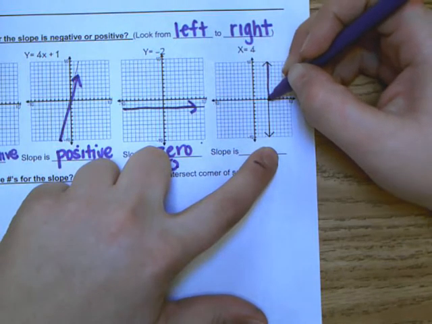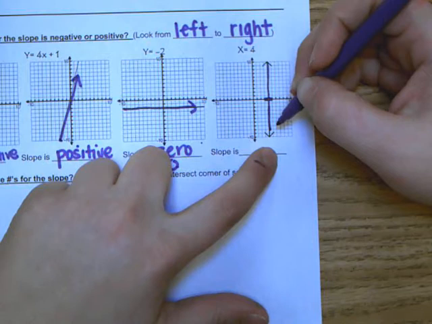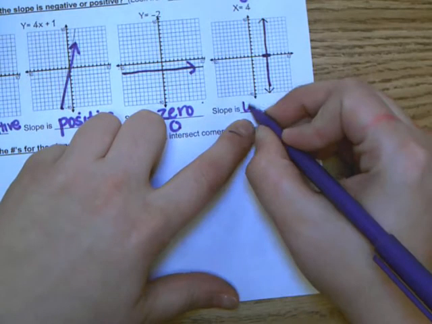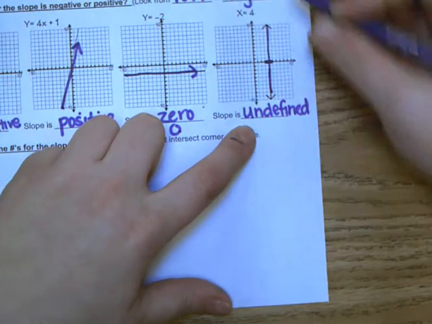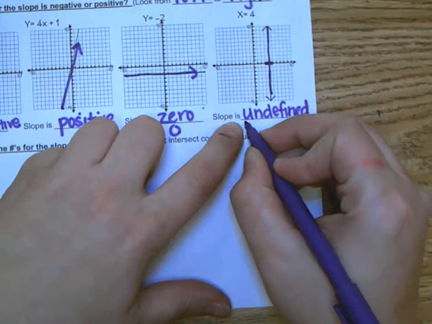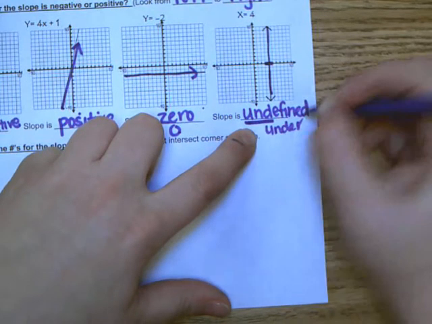Now if we're snowboarding here, and this is the ground right here, and we go underneath the ground, we probably will never be found. So that helps me remember that this is called undefined. When you have a vertical line, it will always have an undefined slope, and I remember it like under.